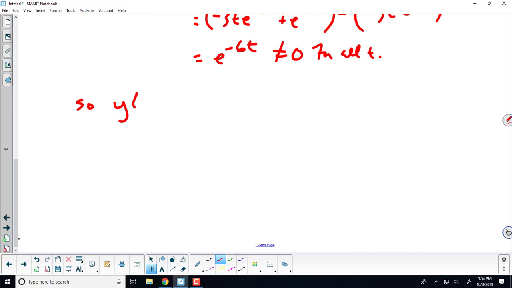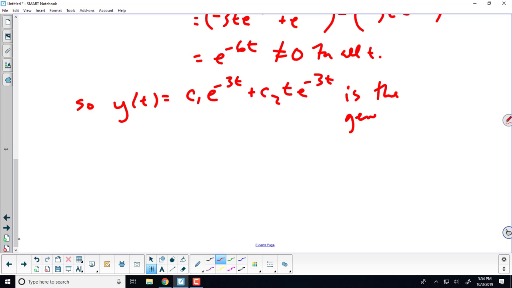So y of t equals c1 e to the minus 3t plus c2 t e to the minus 3t is the general solution. We know that spans the entire vector space.